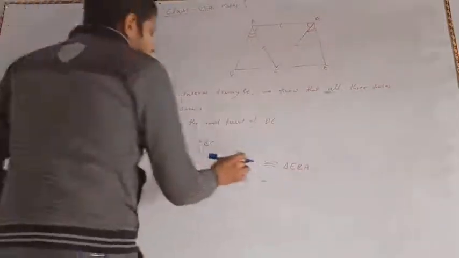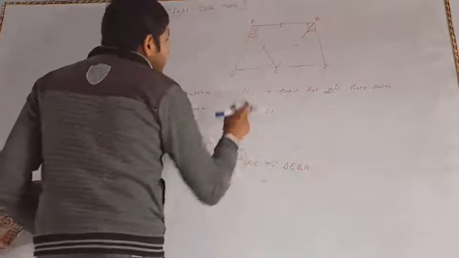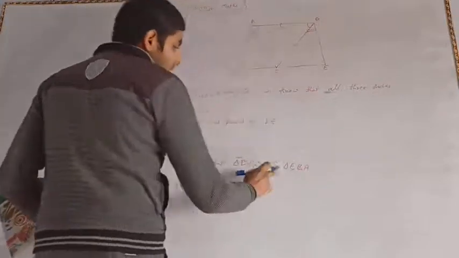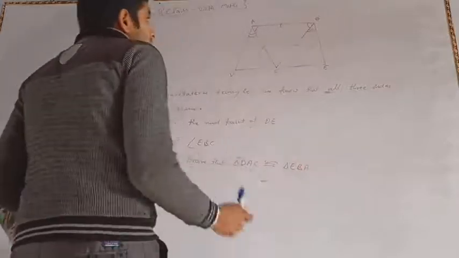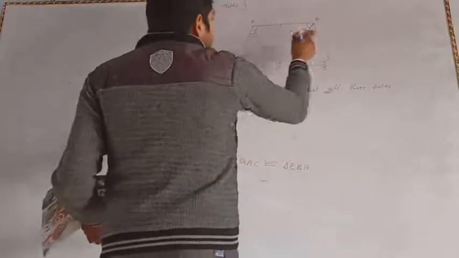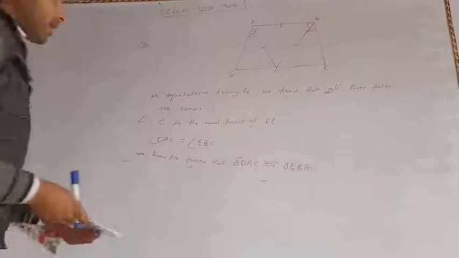For this, we have to prove that triangle DAC is congruent to triangle EBC.